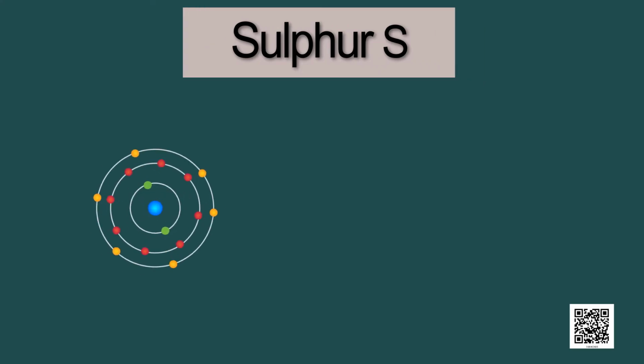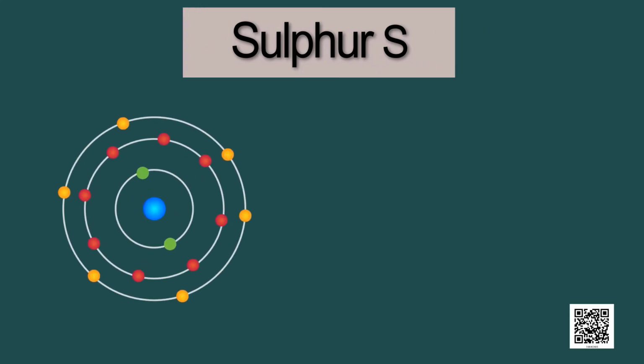Dear students, let's see the electronic arrangement in sulfur. The atomic number of sulfur is 16. It means it has 16 protons and 16 electrons. Now, if we divide these 16 electrons into their respective shells, the arrangement will be like this.